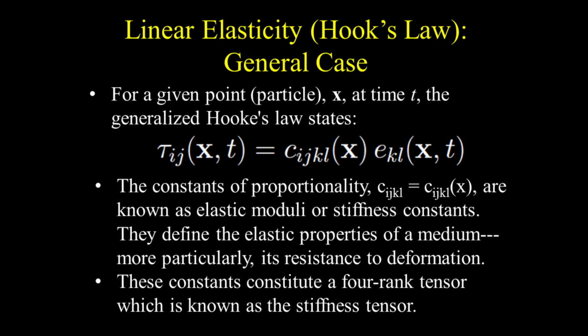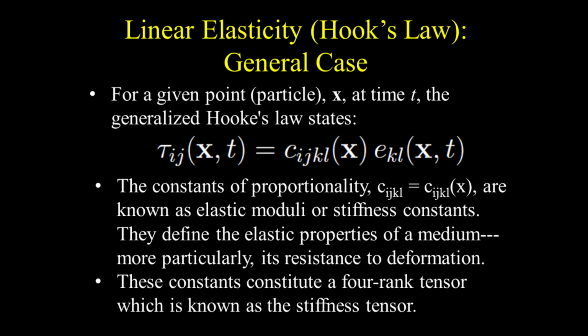For a given point or particle, x, at time t, the generalized Hooke's law states tau ij equals Cijkl times e_kl.